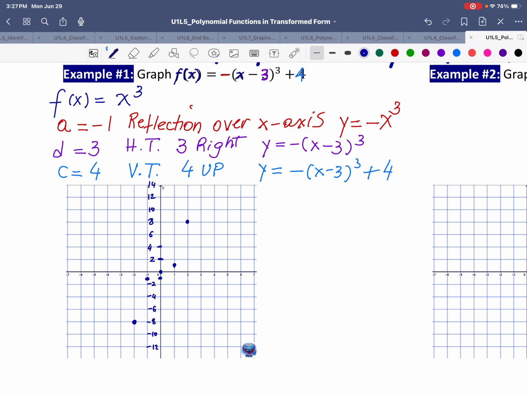Now, we are going to connect these points nicely in a smooth, gentle curve. And as you connect these points, be sure to extend it a little bit beyond the points that you plotted exactly, just to give a better view of the graph and make the graph more presentable, and label the graph by its equation, which in our case will be y equals x to the power of 3.